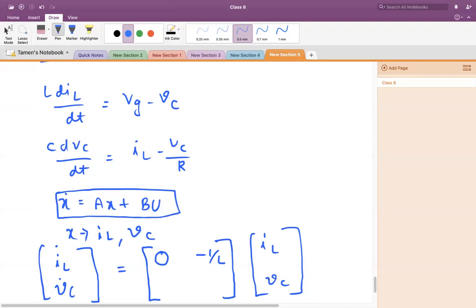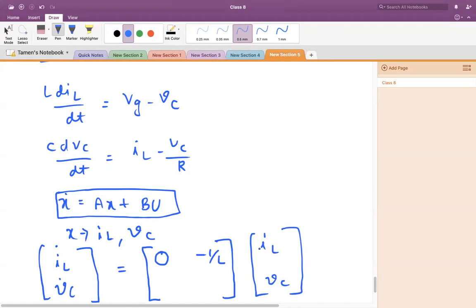Now I want you to tell this one. What will VC dot, that is dVC by dt, be in terms of IL? IL is there. What will be the coefficient before IL?